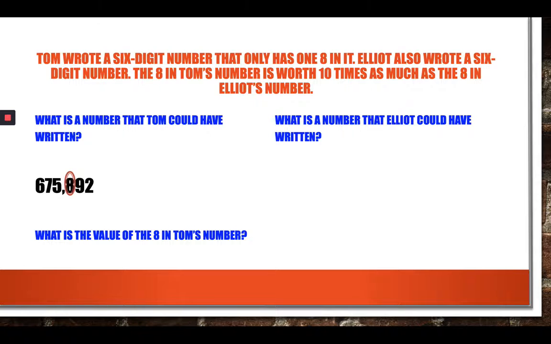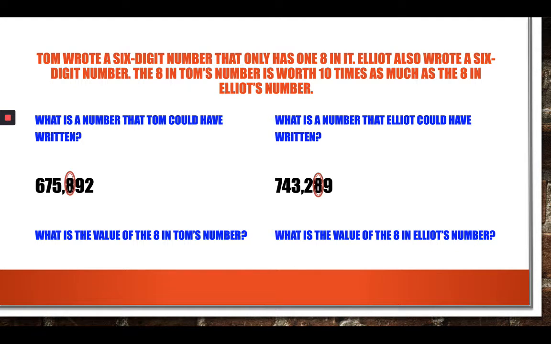And since Tom's number has the 8 in the hundreds place, Elliot's number has to have the 8 in what place? Correct, the tens place, because we know that the hundreds place is 10 times as much as the tens place. So Elliot could have written 743,289. Notice that the 8 is in the tens place, and the value of that is 8 tens.